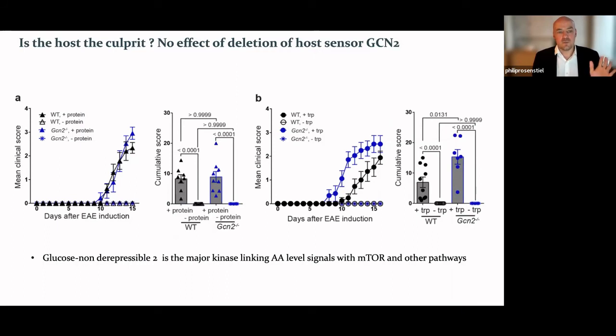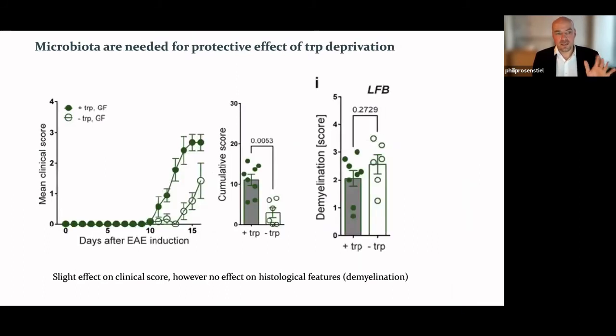But what was then very evident is that when we did the same experiment under germ-free conditions, the suppressive effect of the tryptophan deprivation was more or less gone. So microbes must be present. There was a slight effect on the clinical score, a slightly diminished clinical score here.